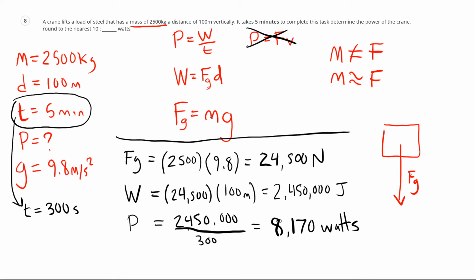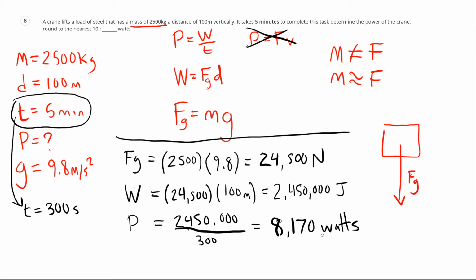Well, that force is defined as the mass times the acceleration due to gravity. At that point, we stated something we already knew, that the acceleration due to gravity is 9.8 meters per second squared. Then I had all the variables that I needed to solve for force first, then use the force in the work problem, then use the work in the power problem to get my final answer down here.